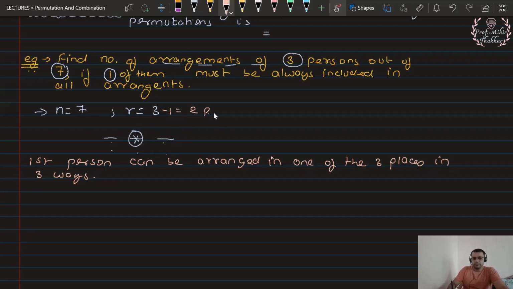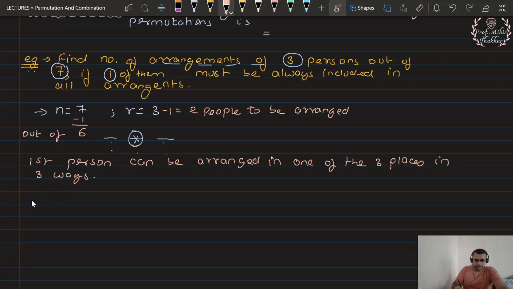So now 2 persons are to be arranged. Seven people were already there, but because one has been already fixed, this one has been selected from the 7 persons only. So minus 1 will come over here also. This will be 6. So now 2 people have to be arranged out of the remaining 6.